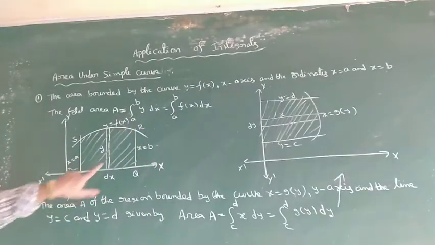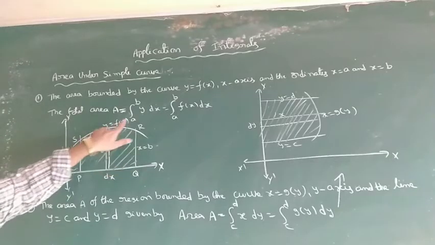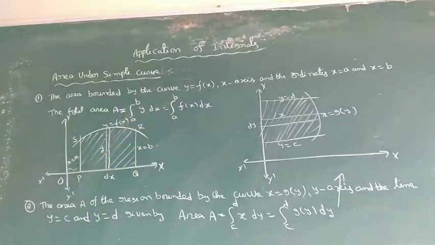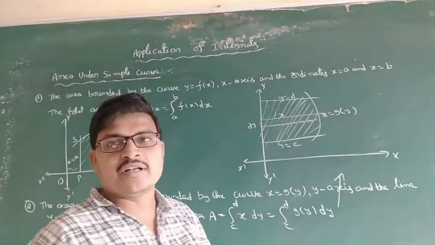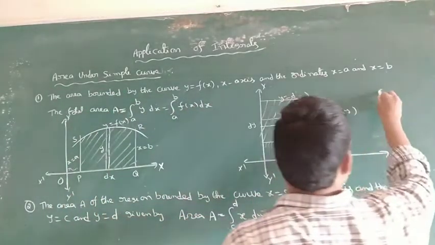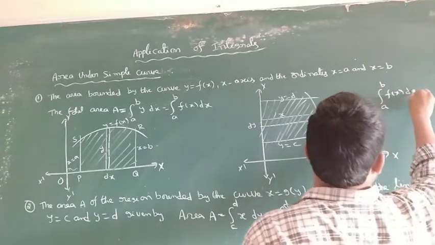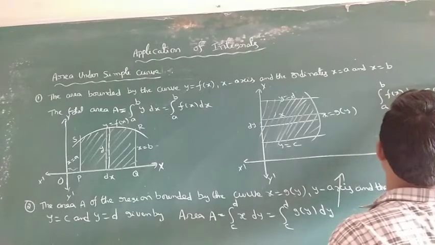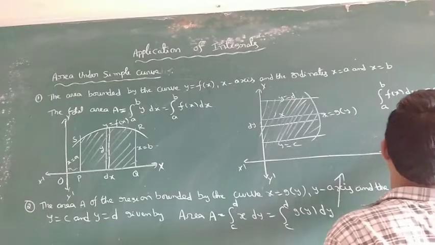So integral a to b, x is equal to a. The function is in terms of x, so the limits are also x limits, and f of x is integrated by using the definite integral. What is the formula? Integral a to b of f of x dx is equal to capital F of x over the limits a to b, that is equal to F of b minus F of a.